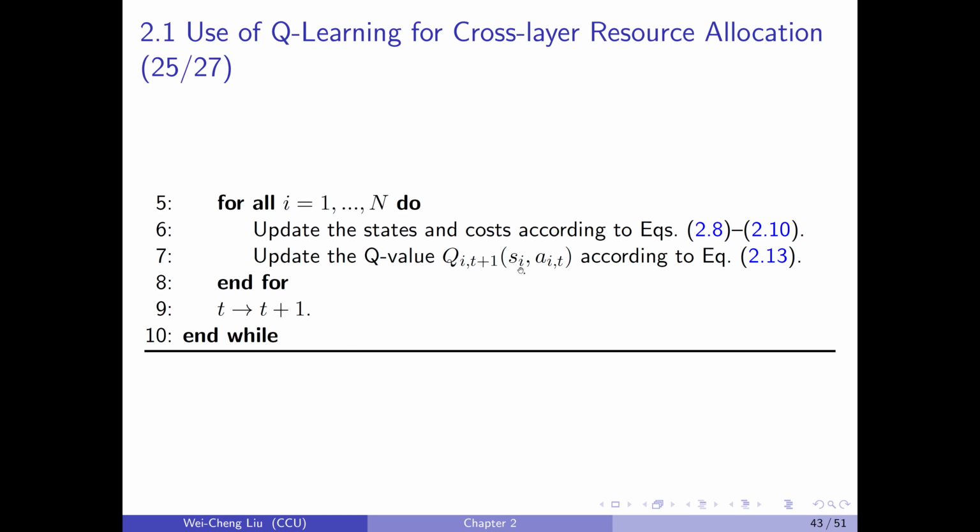It is a function of s_i, the state of secondary user i, and a_i^t, where a_i^t is the action taken by secondary user i at time instance t.